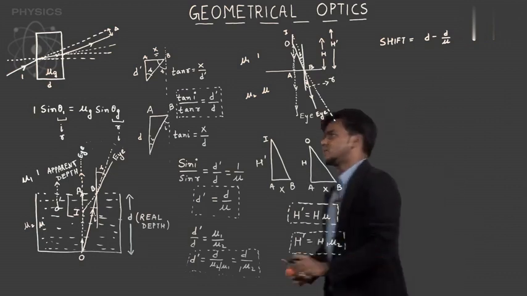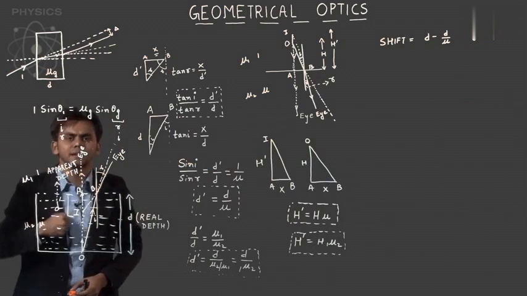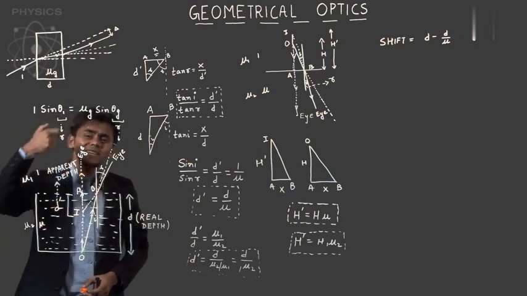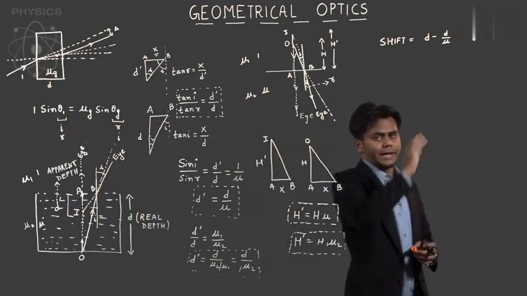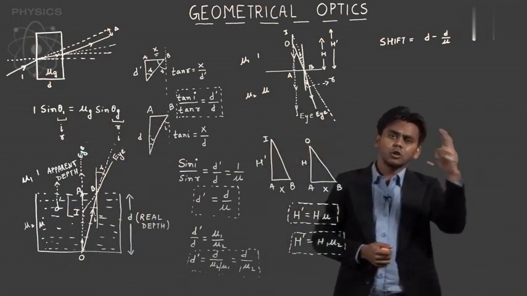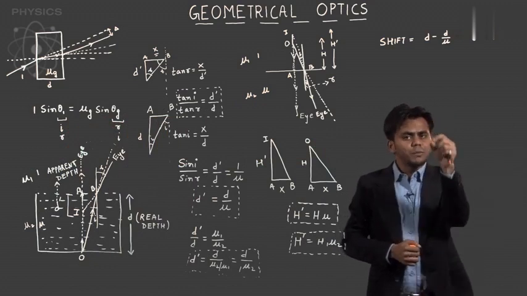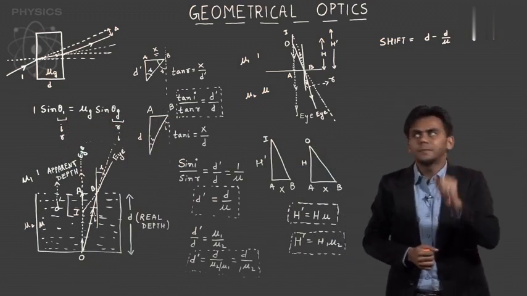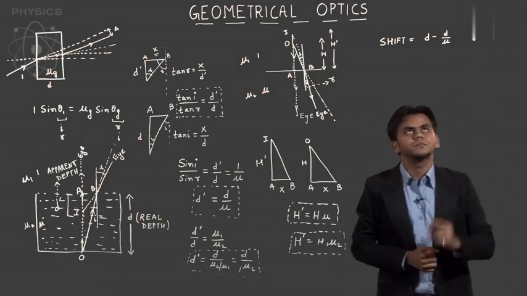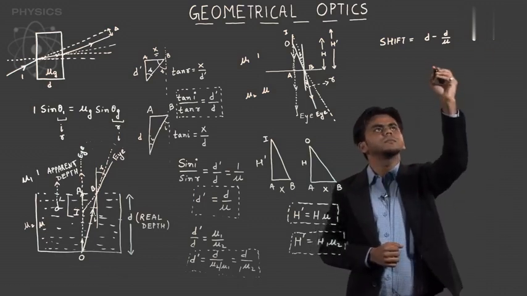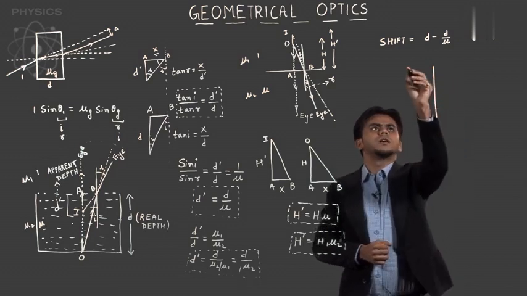As in the case over here which we have studied, a glass slab of thickness D. So if I insert a glass slab in the path of light and I'm looking at an object from the other side, the position of the object, as in the image, will be shifted by this much amount. How? Let's take a glass slab now again.